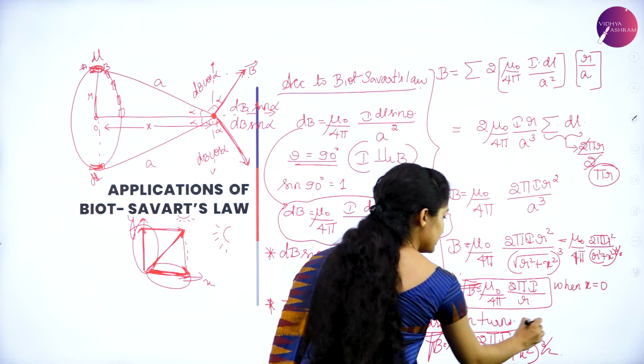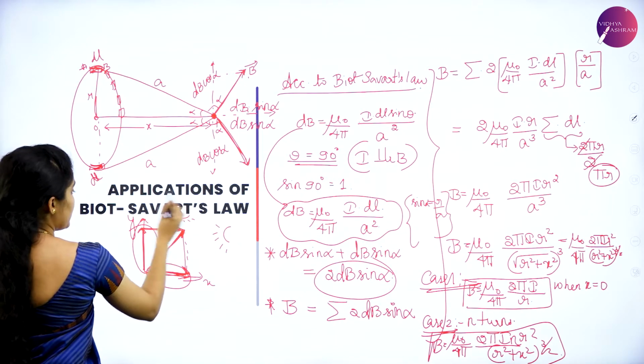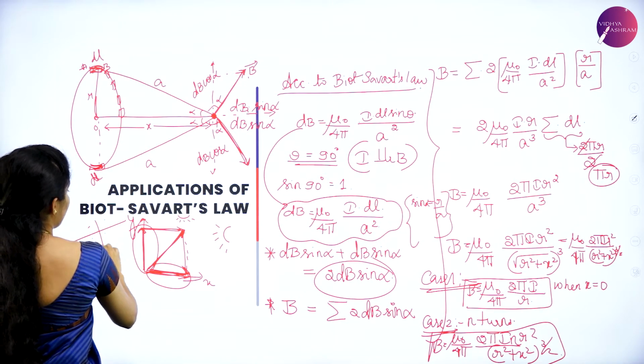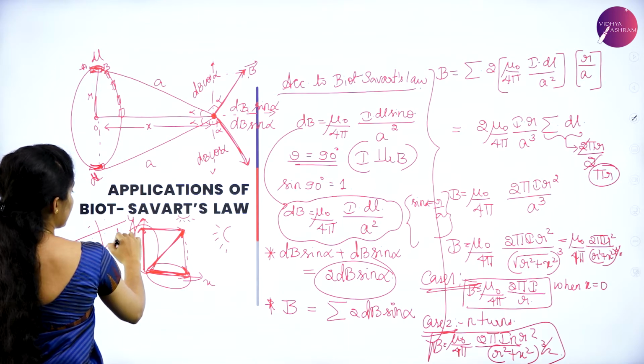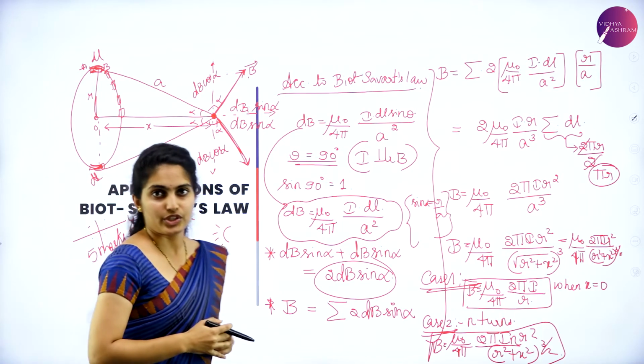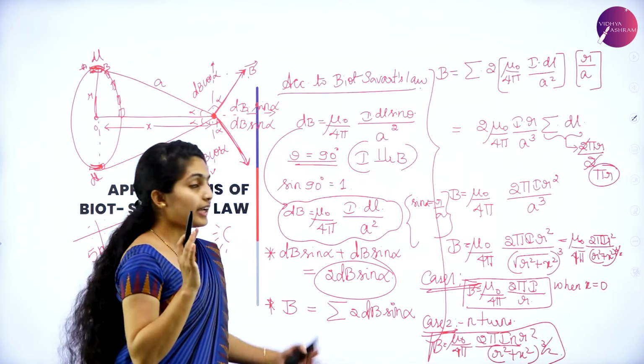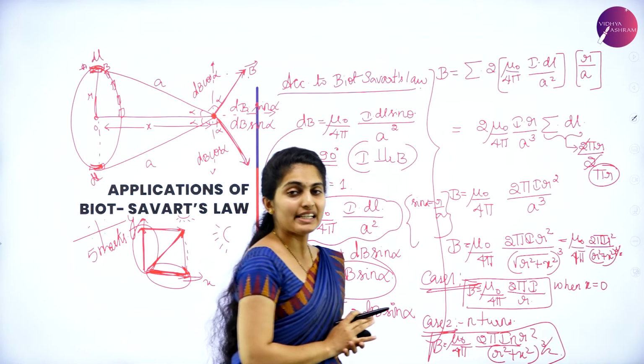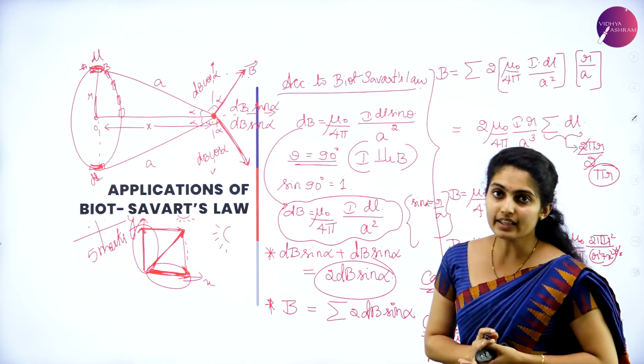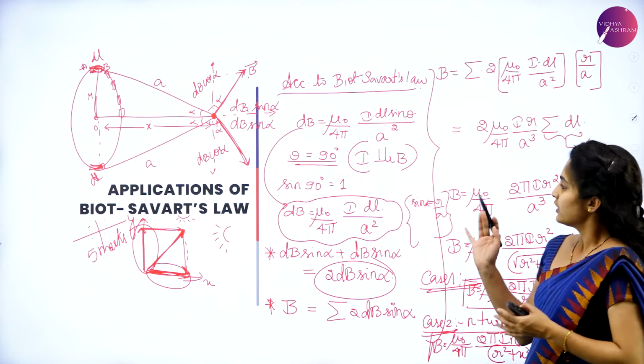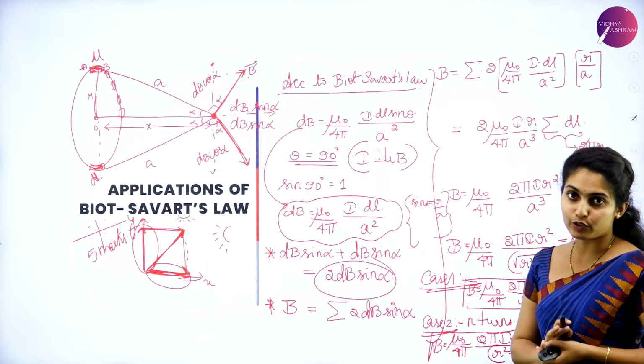So this is the other set of equation. This concept is very important for 5 marks and short questions. That is all about your expression for a magnetic field in a current carrying circular loop. I hope you understood this concept for today.